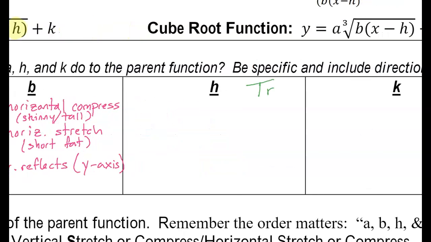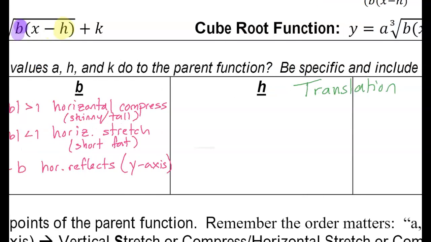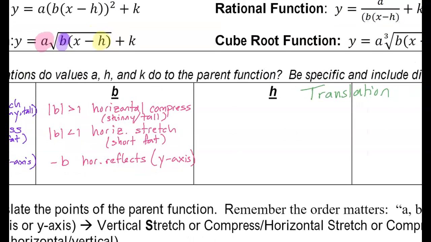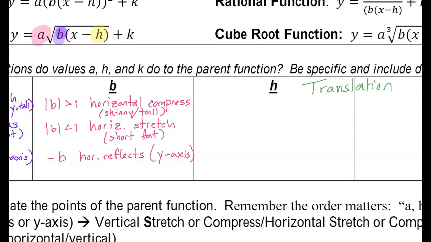So between h and k, I'm going to write translation. Is h a horizontal or a vertical translation? Horizontal. Yes. Everything inside of your function is always going to be horizontal. Everything outside of the root is going to be vertical. So that means h is horizontal and k is vertical.